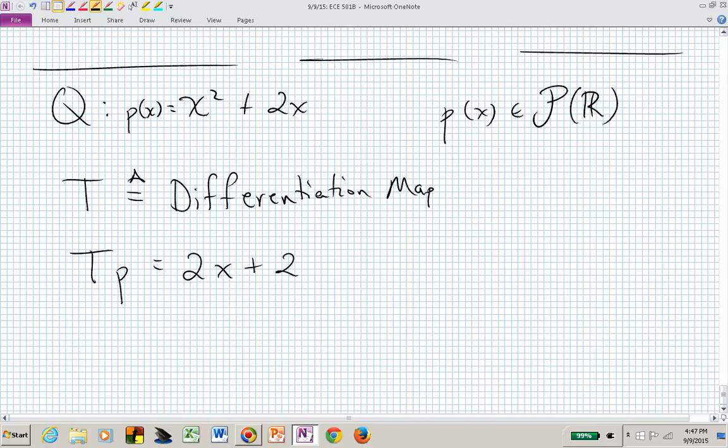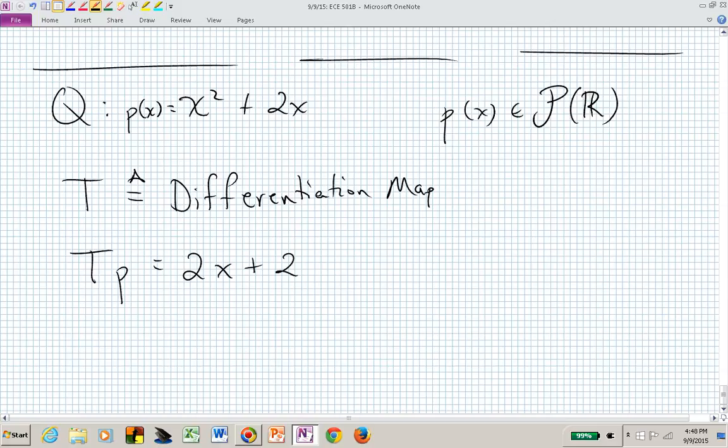Correct. So the question was, it doesn't look like this differentiation map is mapping the additive identity into itself. But what's the additive identity in the vector space of polynomials? It's the zero polynomial.